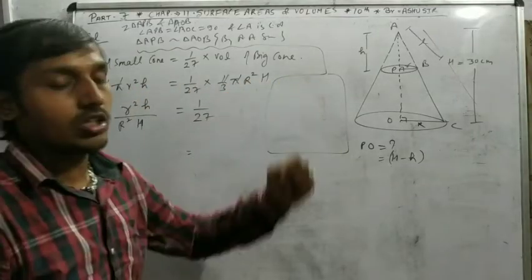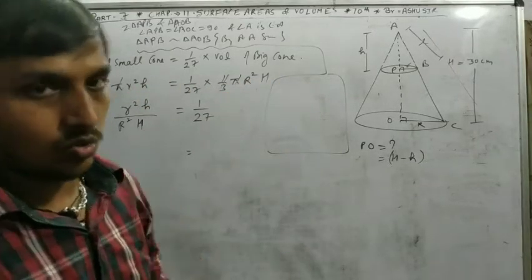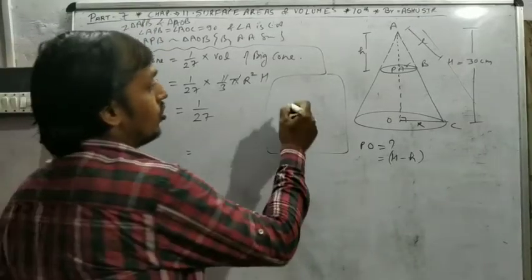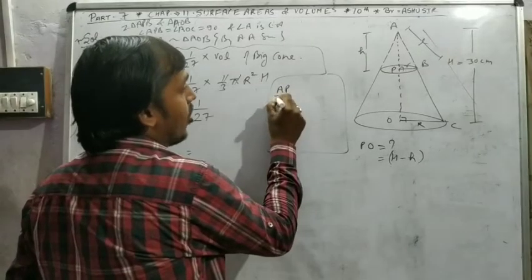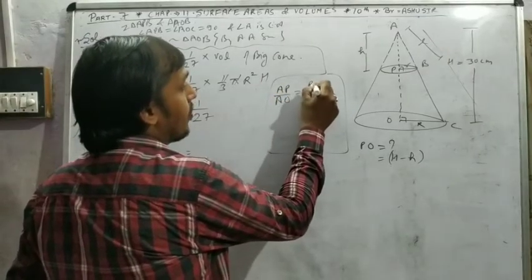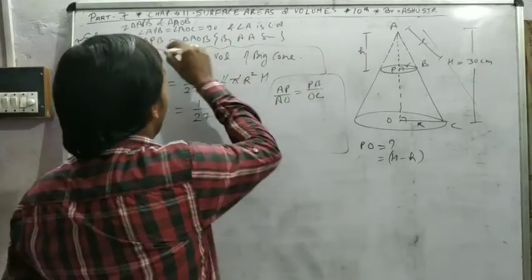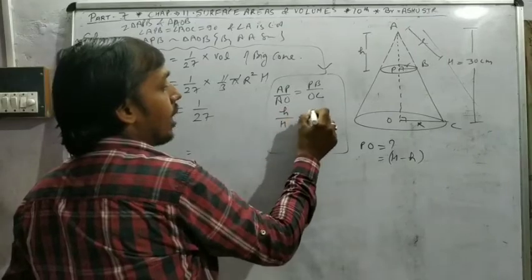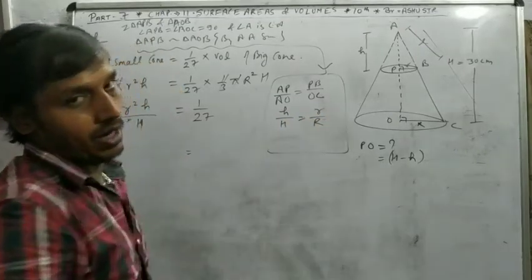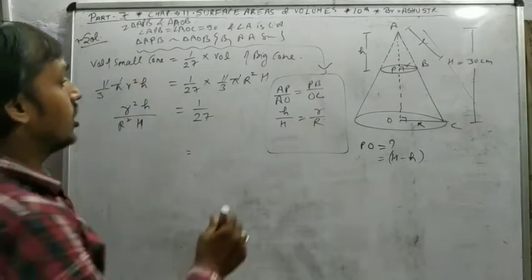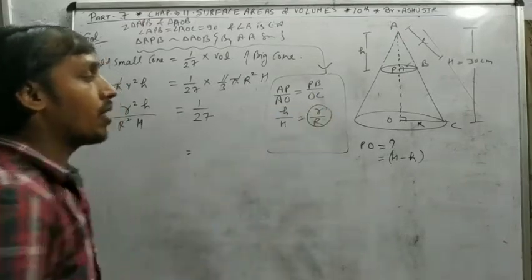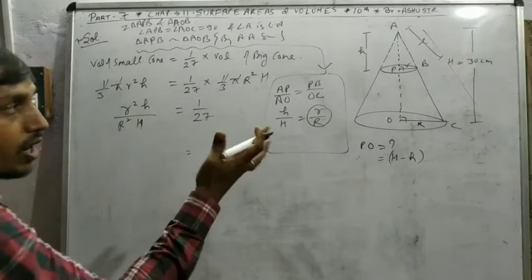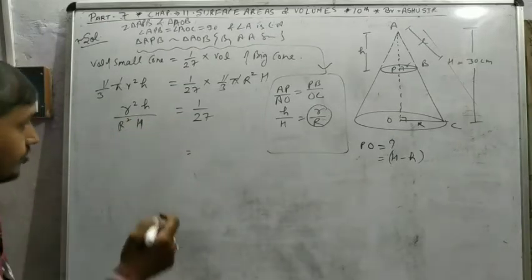These two triangles are similar, so all corresponding side ratios are equal. That's what I explained in the previous video. So AP upon AO equals PB upon OC. We write it here, small h upon capital H equals small r upon capital R. That means small r upon capital R is equal to small h upon capital H. So here we don't have to know the value of small r and capital R.